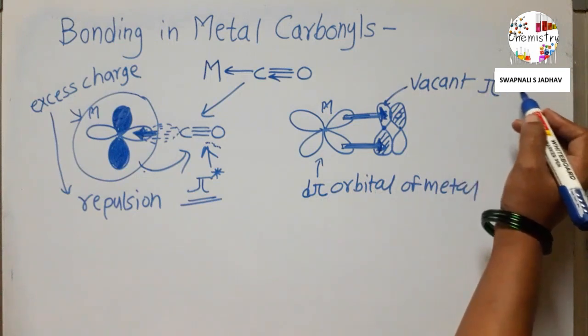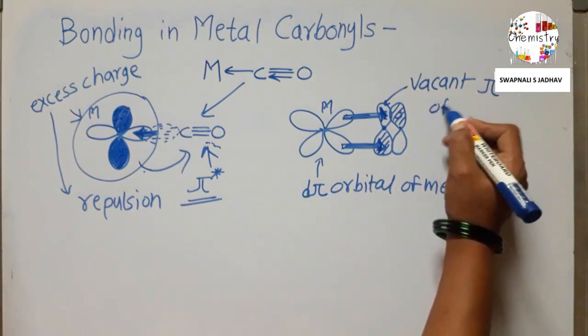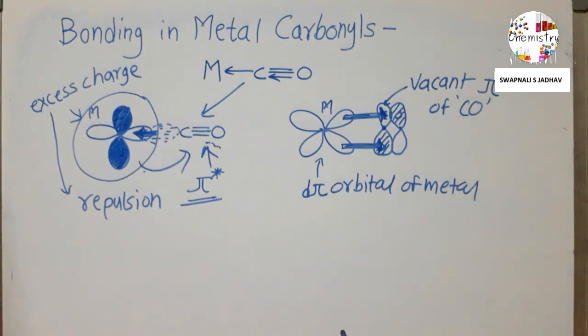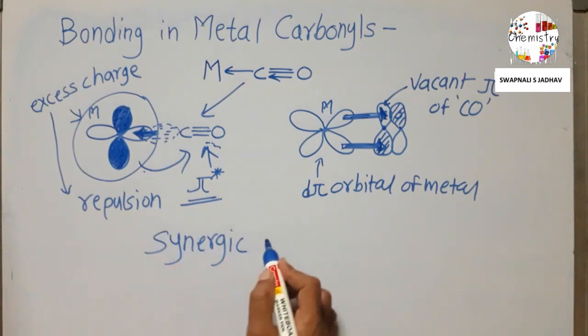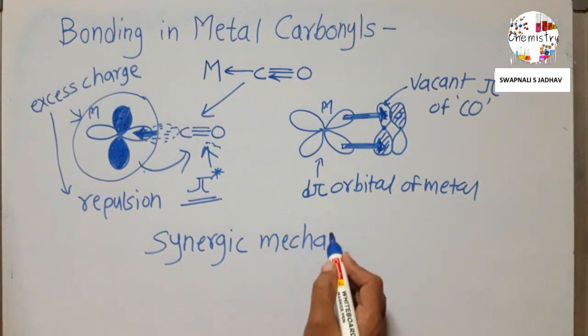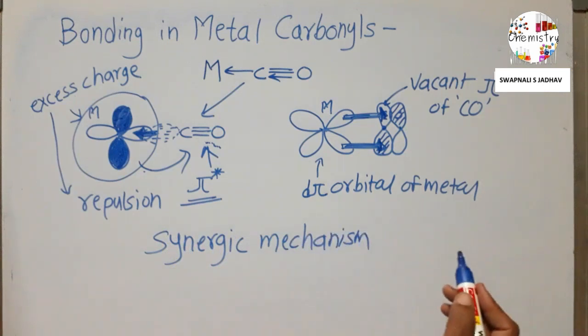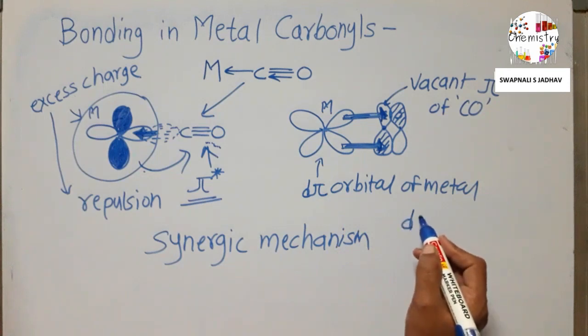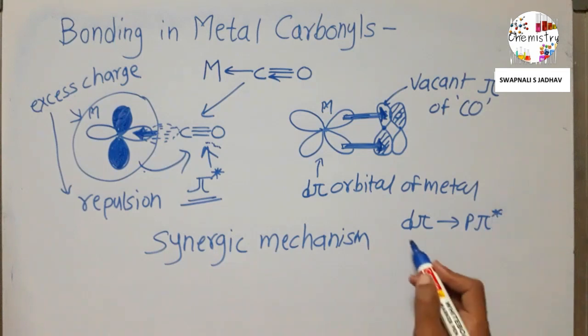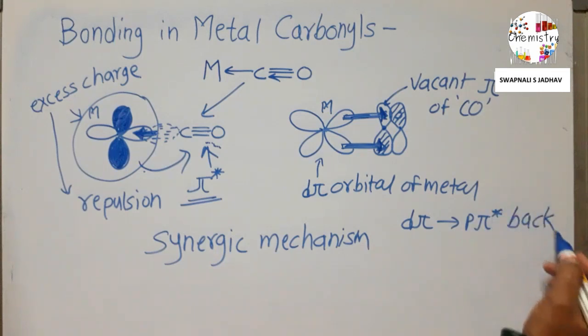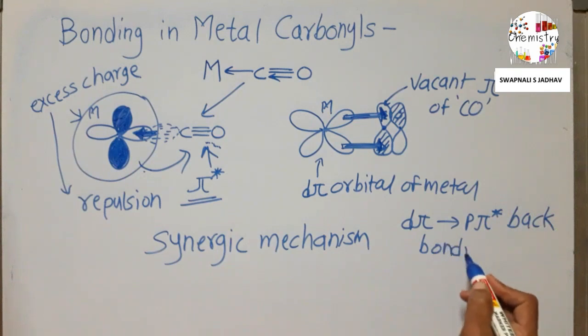This one is the vacant pi star antibonding orbital of the carbonyl group. This is known as the synergic mechanism. So there is d pi p pi star back bonding interaction between the metal and the carbonyl group.